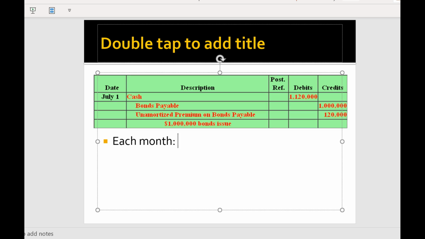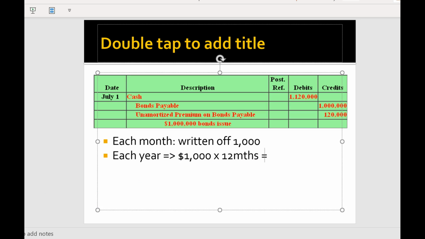Each month I'm writing off 1,000. So each year, this means 1,000 multiplied by 12 months, that is 12,000 per year, right?